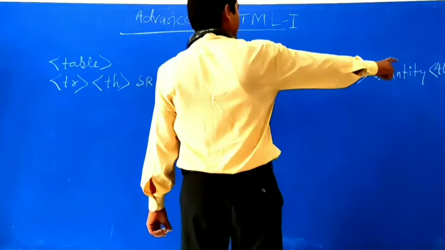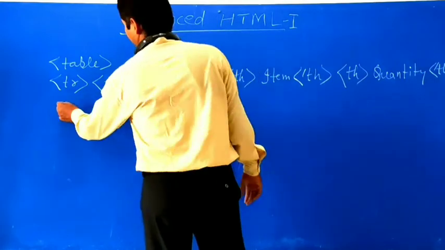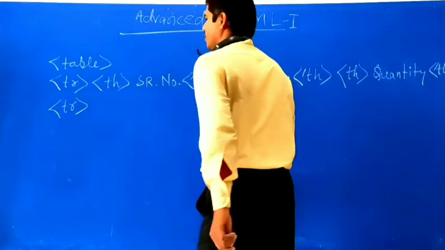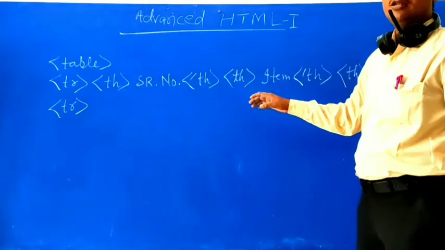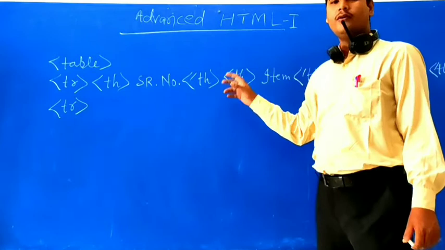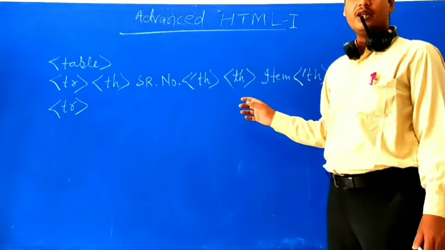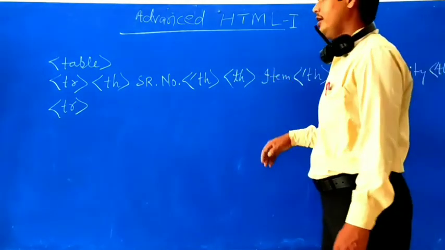Okay, now the table row is completed and closed. Again the next table row will open. TD means table data, and at the top of the table the first row is only table heading. On the basis of that heading we insert table data.